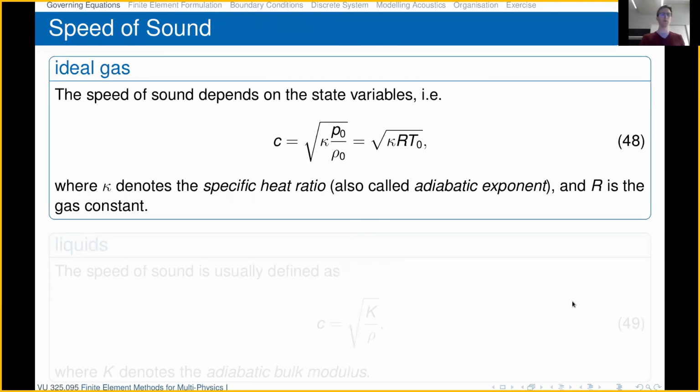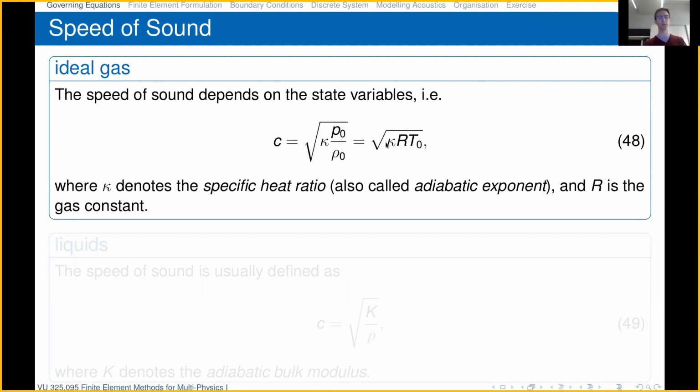So how do we define the speed of sound in an ideal gas? We can use the ideal gas law to get the relation we need, and we can compute it via the square root of reference pressure over reference density times the specific heat ratio, also called adiabatic exponent.